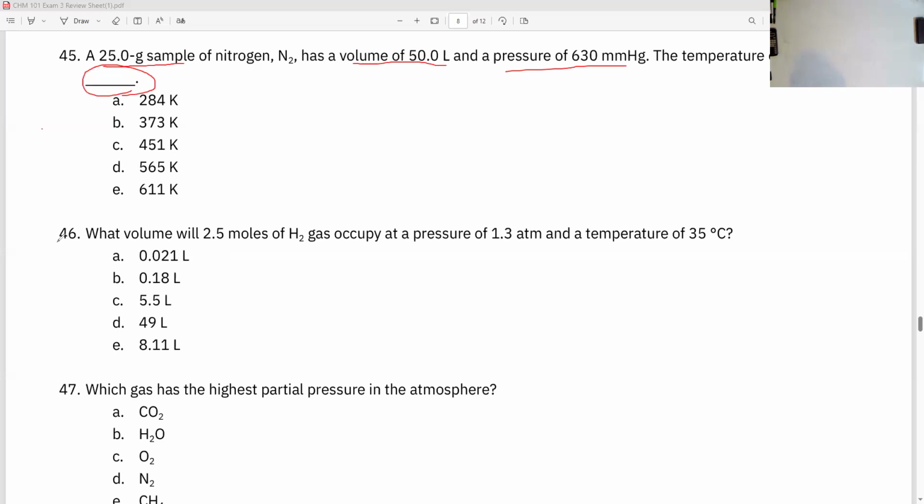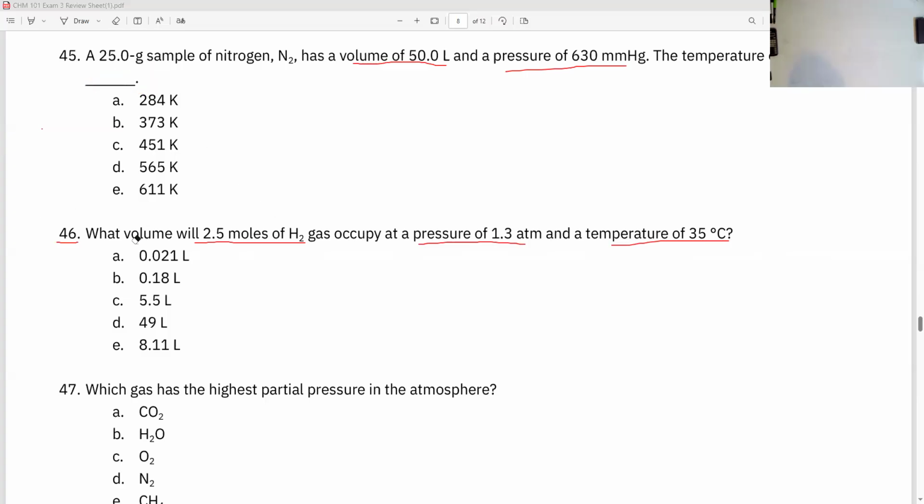Okay. Similarly, in number 46, when it says what volume, in this case, we're trying to find the volume, will 2.5 moles of hydrogen gas occupy when our pressure is 1.3 atmospheres and our temperature is 35 degrees Celsius. So here they gave us the amount, the pressure, and the temperature, and they're going to want us to find volume. All right.